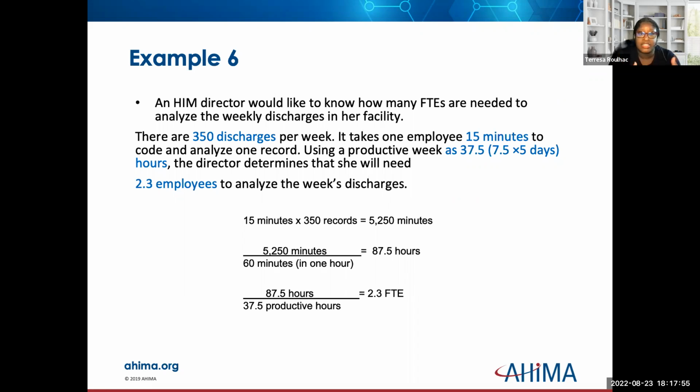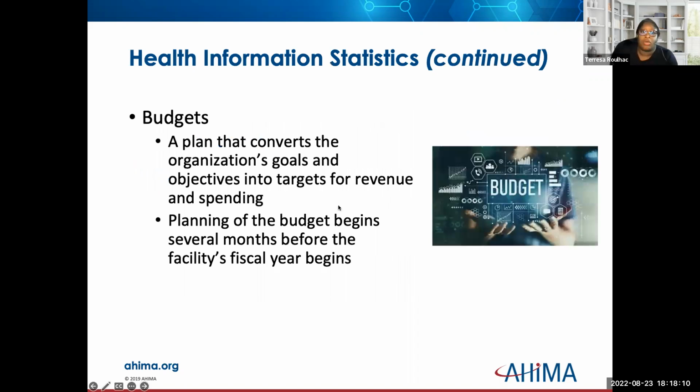With productivity and looking at finances, we have to talk about budgets, how we're getting the right amount allocated. Now, a budget is a plan that converts the organization's goals and objectives into targets for revenue and spending.